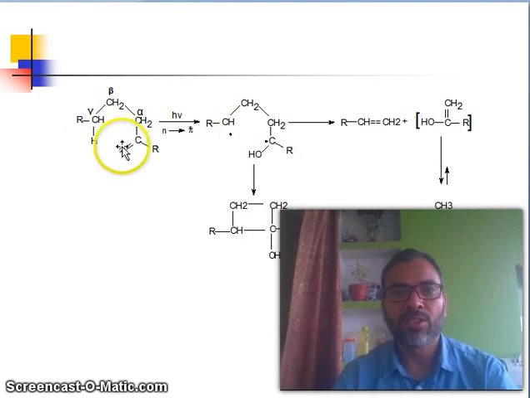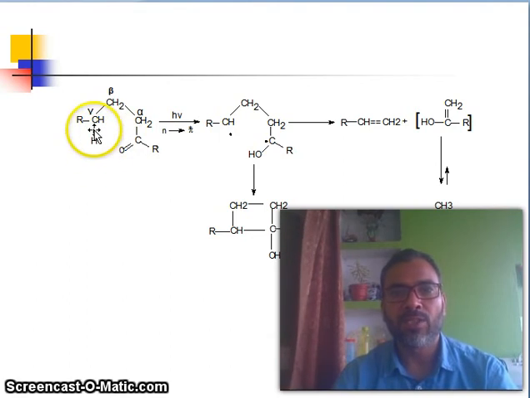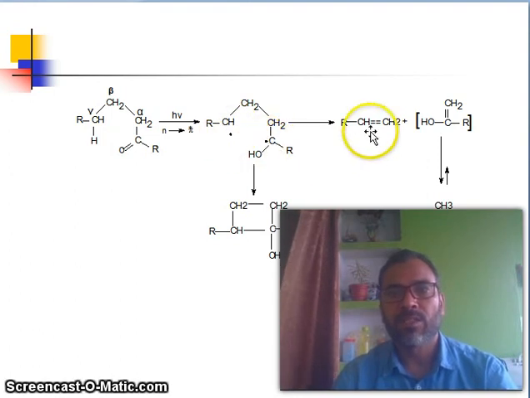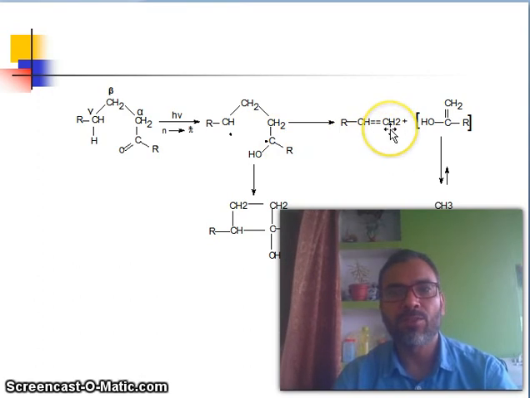The bond, you see, hydrogen in here, this hydrogen shifts to here, forming a radical on this and this. Now you see RCH2, RCH=CH2.